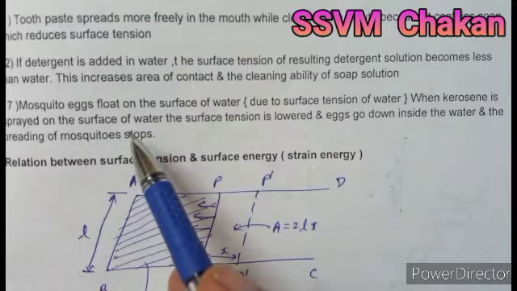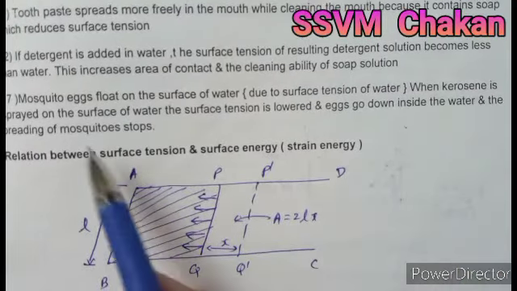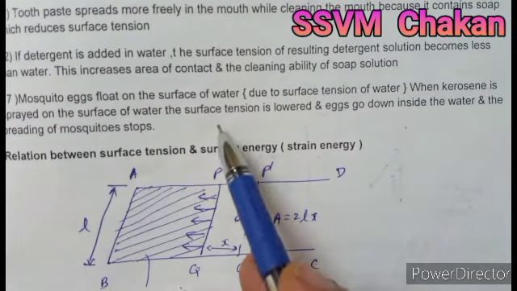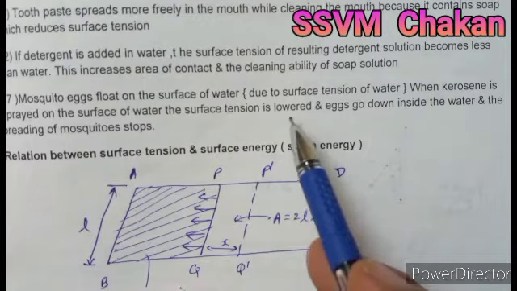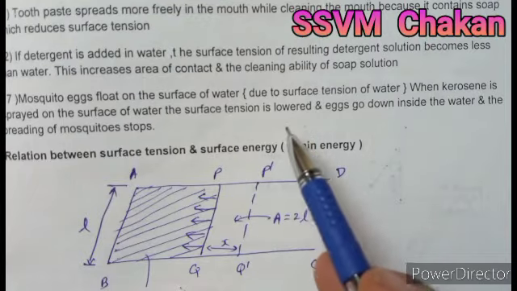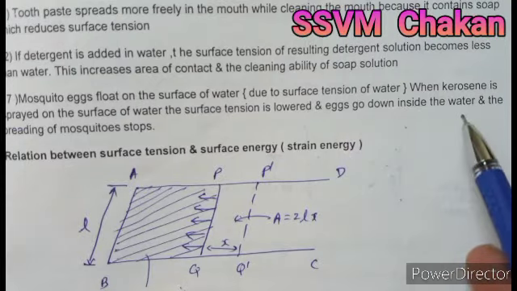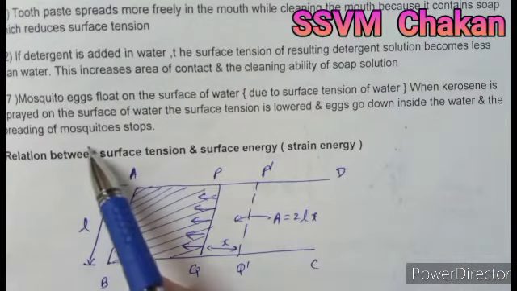To kill these mosquito eggs, we spread kerosene on the surface of water. When you spread the kerosene, that kerosene decreases the surface tension of water, and because of the decreased surface tension of water, eggs go down inside the water and the mosquito breeding gets stopped.